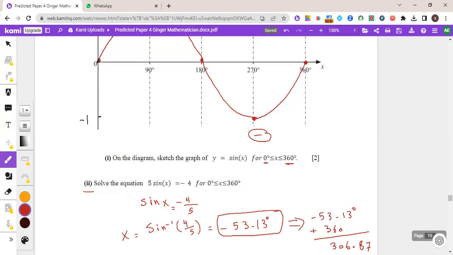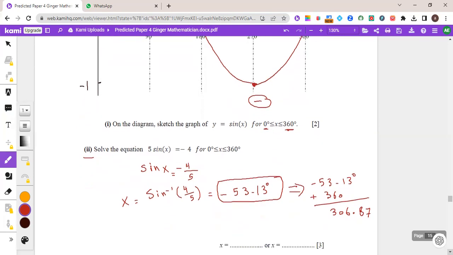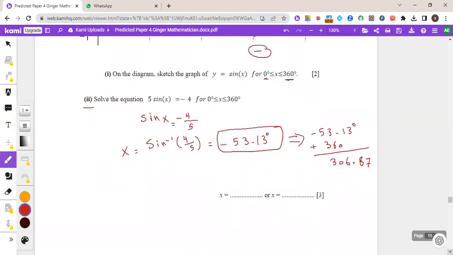So that is the first one. 306.87. Here, I will write it here. But I still need another angle.